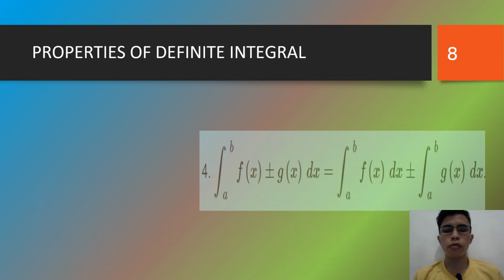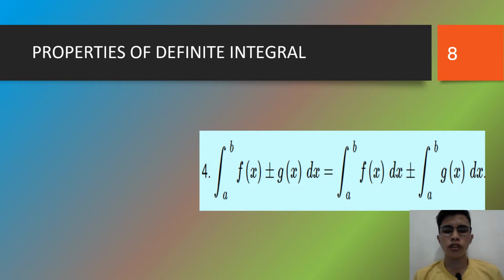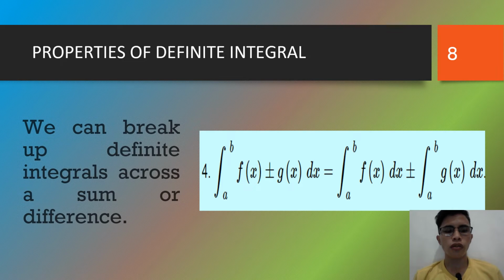We also have property number 4, which is the sum and difference. So, we can break up a definite integral across a sum and difference, which is denoted by the operation plus and minus. So, if ito yung given, pwede natin siyang i-break, no?